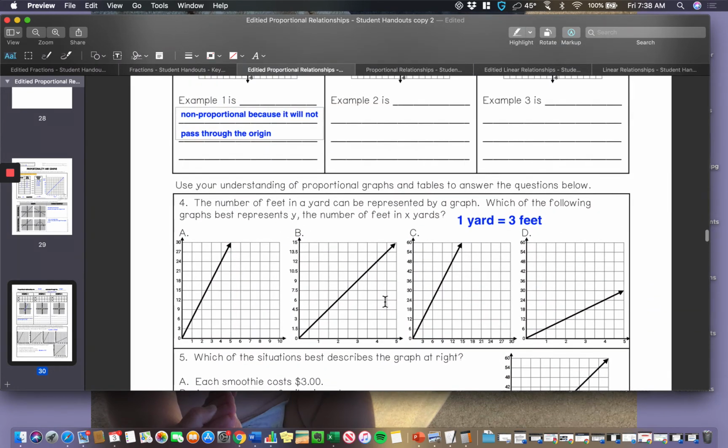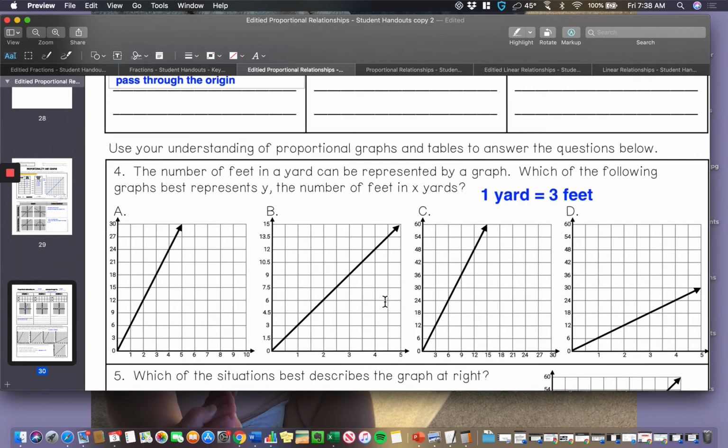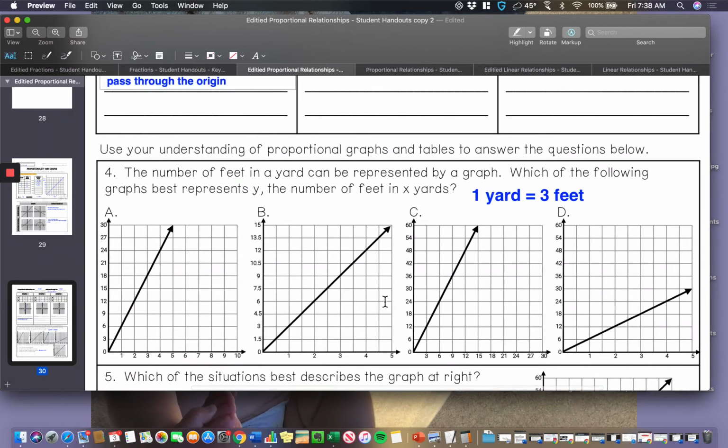So let's take a look at number 4. It says the number of feet in a yard can be represented by a graph. Which of the following graphs best represents Y, the number of feet in yards? Well, the number of feet in yards, there's 1 yard to every 3 feet.